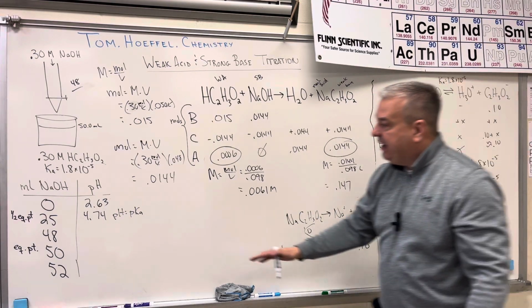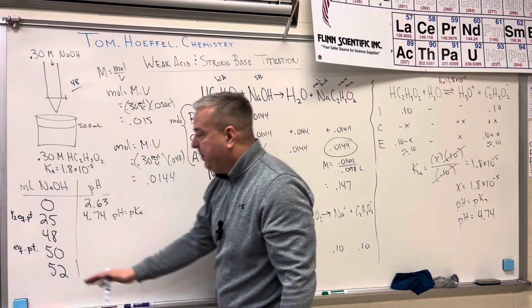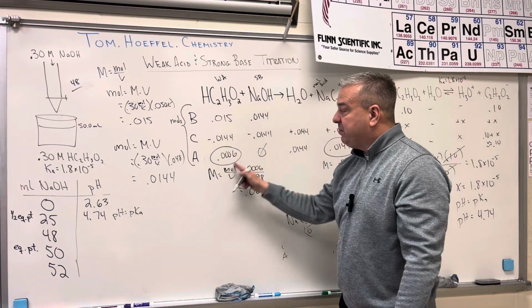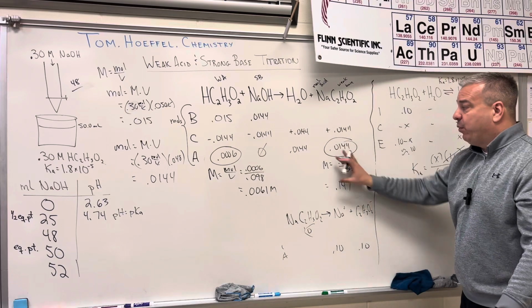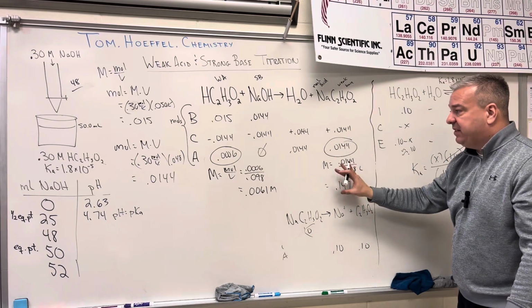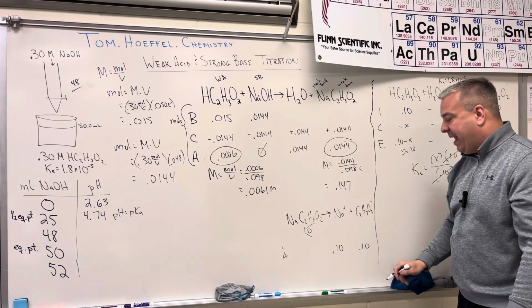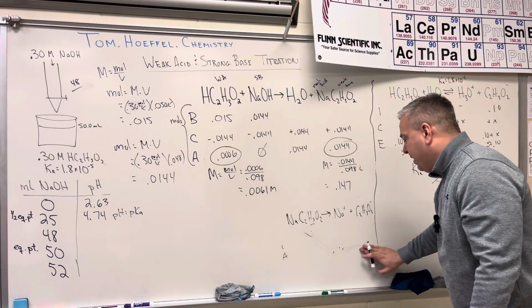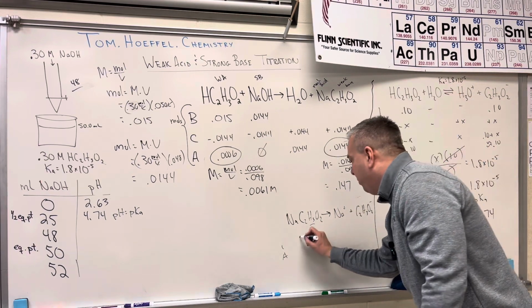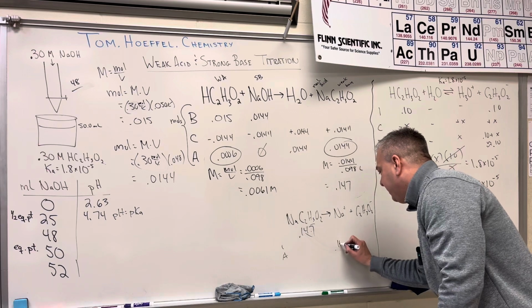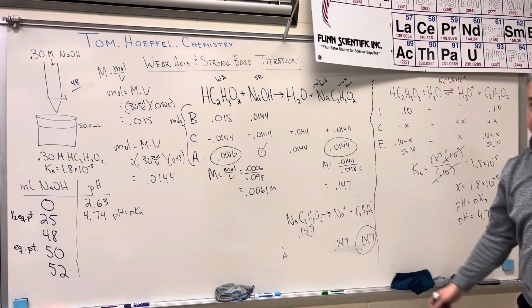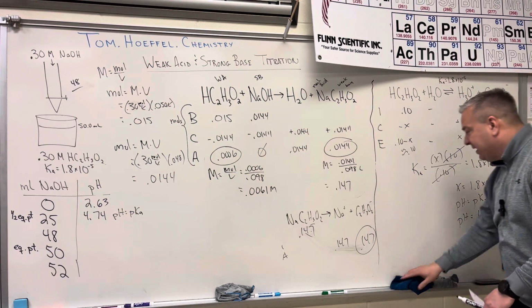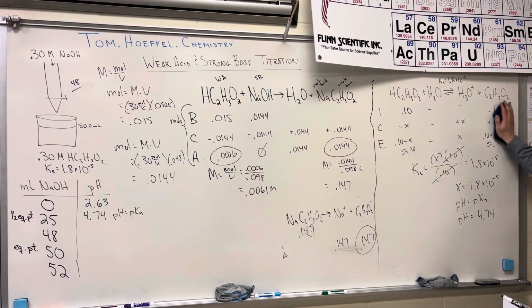So what you're going to see as we get close to the equivalent point, all of this is being consumed, a good portion of it at least, and we're producing more of this conjugate base, sodium acetate. And remember, if we put in 0.147, then we're going to have 0.147 of the acetate ion.